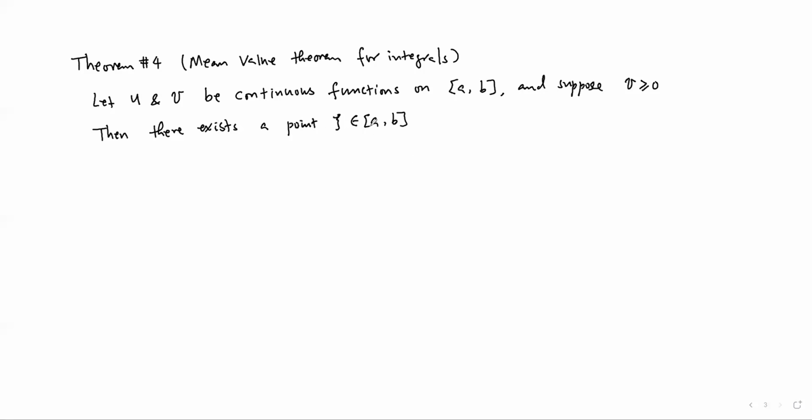That means that psi can be A, left endpoint, B, right endpoint, or between A and B. Such that integral from A to B, U of x, V of x is equal to, we can move U outside the integral, U evaluated at point psi times integral A to B, V of x dx.